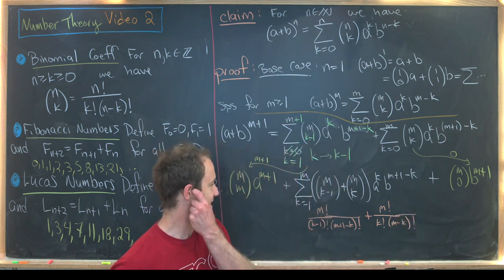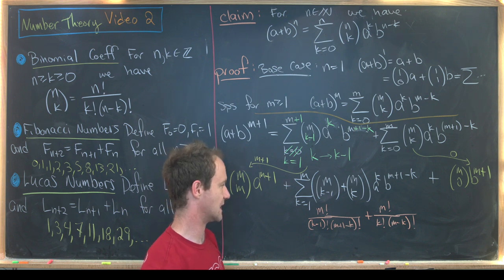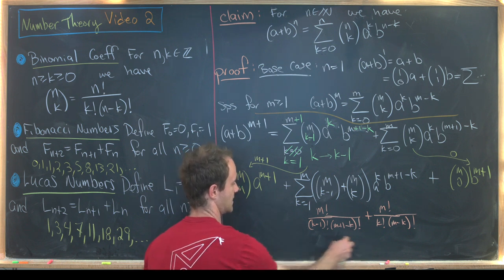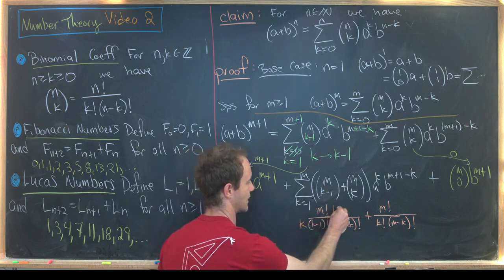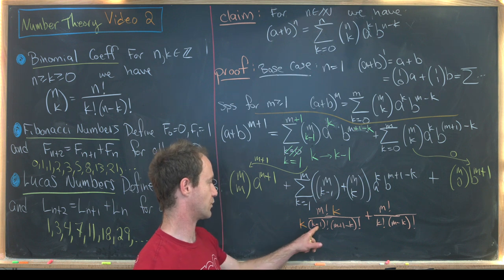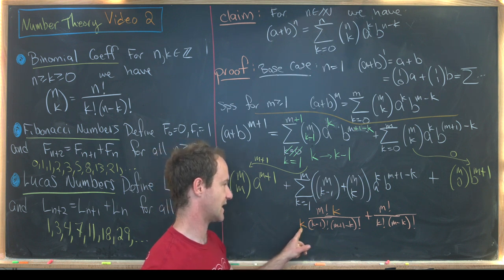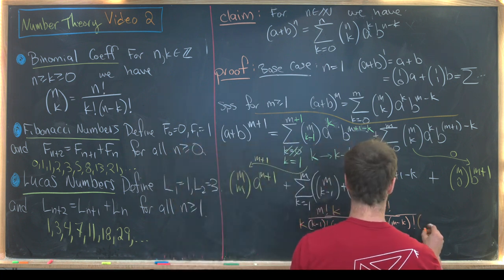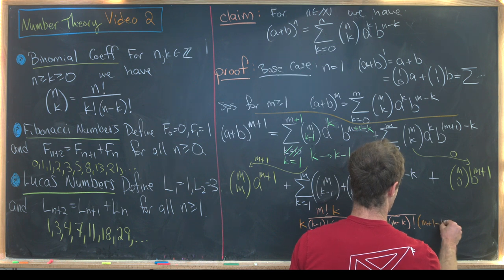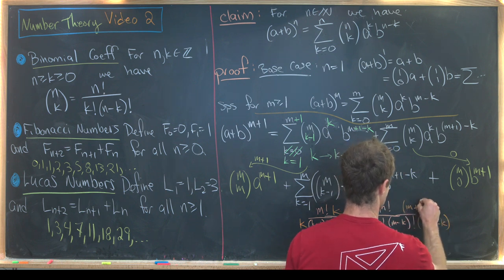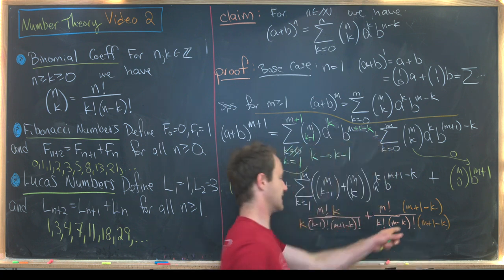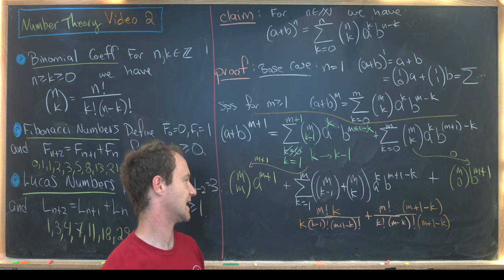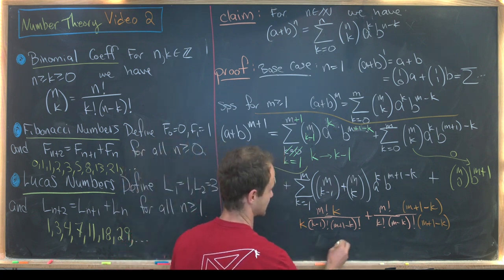Okay, great. So now let's see, what does it take to give these a common denominator? Well, we're going to want to multiply this one by a k in the numerator and the denominator, to bring that k minus 1 factorial up to k factorial. Then we're going to multiply this one by m plus 1 minus k, to bring this m minus k factorial up to m plus 1 minus k factorial. So let's see what that leaves us with.